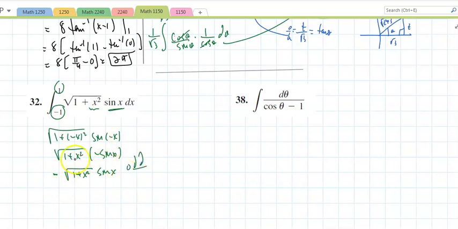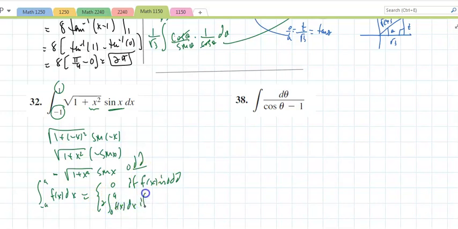And if you recall from calculus, the integral from negative a to a of f of x dx equals 0 if f of x is odd, and it equals twice the integral from 0 to a of f of x dx if f of x is even, and since this is odd, we say that's 0. That's not normally a good test question, but I thought I'll point that out.